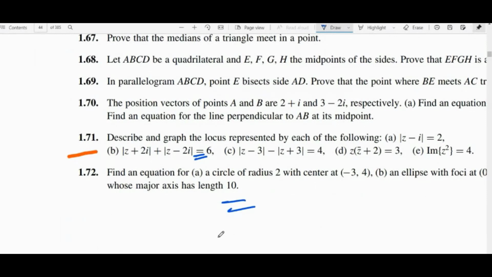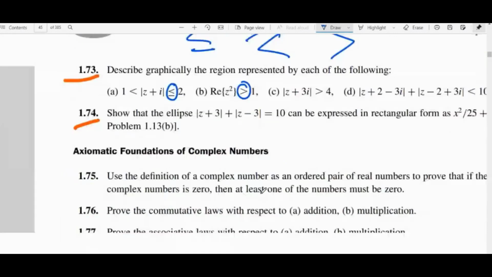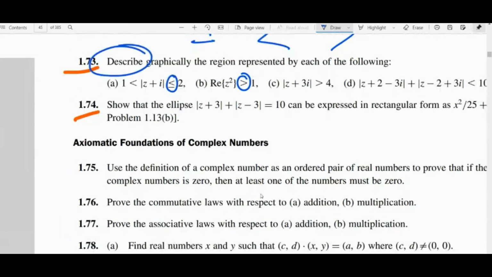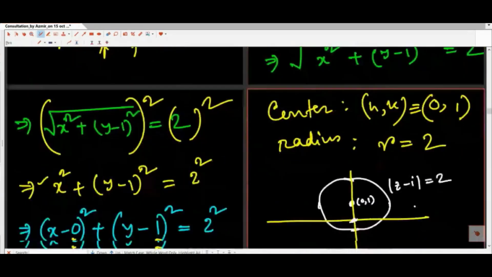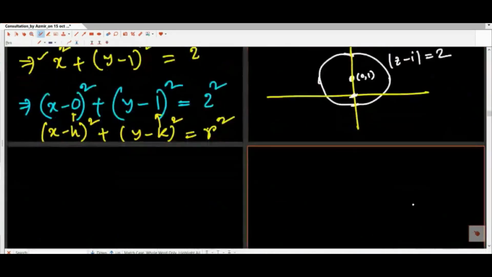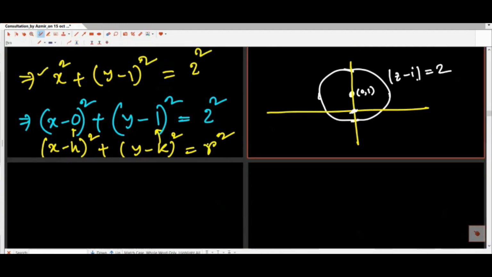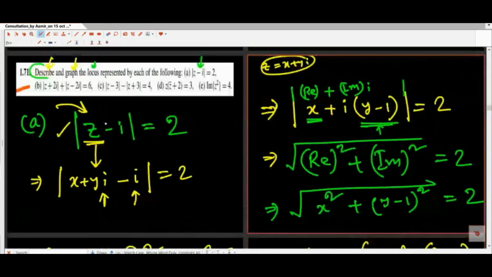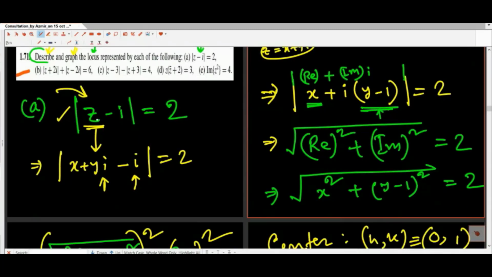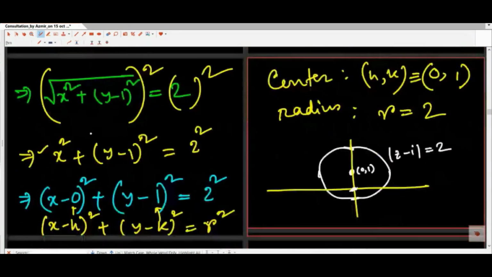So concept is same, but whenever you are going to draw the equation, then you need to have some concept. Since we have modulus of z minus i equals 2, we can easily think about this circle. So from the same problem, I am trying to describe all the concepts, that is with less than equal, greater than equal. So you will get the idea.